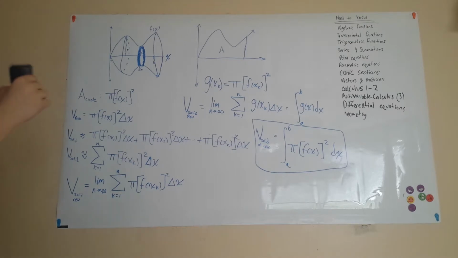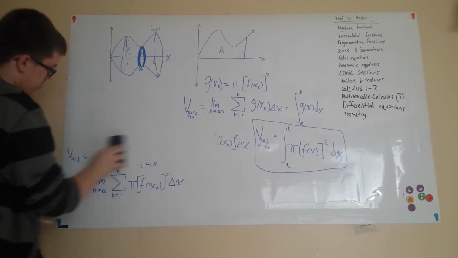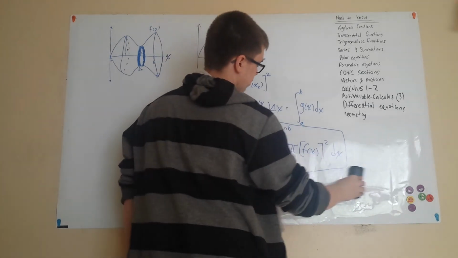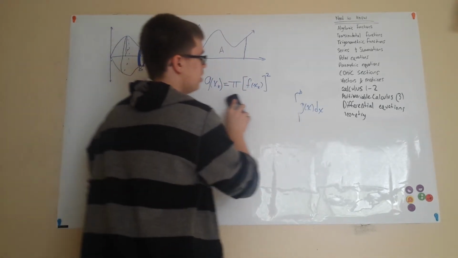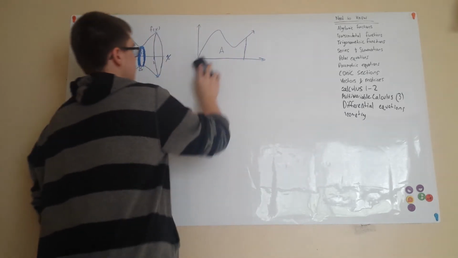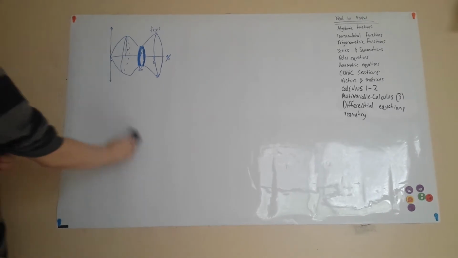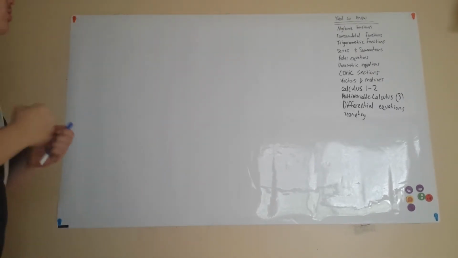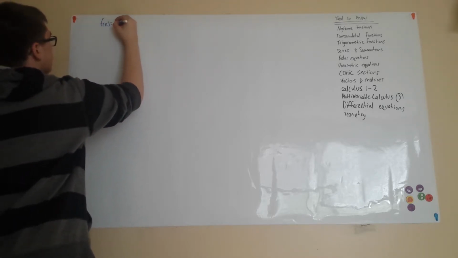I got this down. Can we do some examples? I want to do some examples. So, let's say I had the function f of x equals the square root of x.